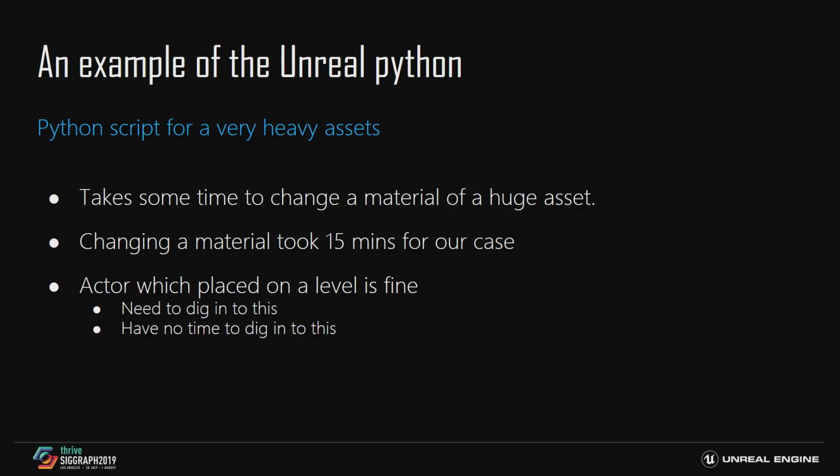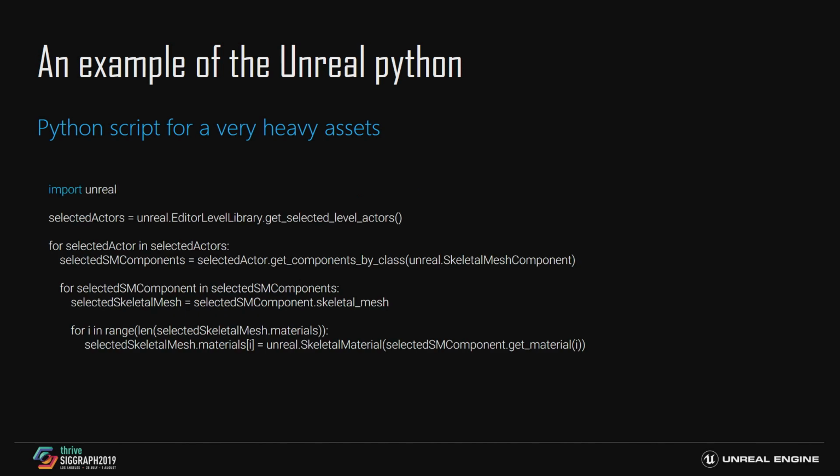First, place your asset into your level, and then change the materials of the actor which you just placed. It will not take too long. Third, run this script, and boom, it's done.